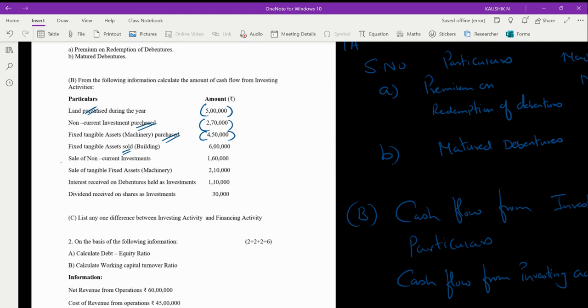So again, here you have sale, sale, and here also it is sale. So that means the first value, second and third, all these values will be positive. And next, interest received on the debentures that is held as investment. So this is also a positive figure. And finally, dividend received on shares as investment.